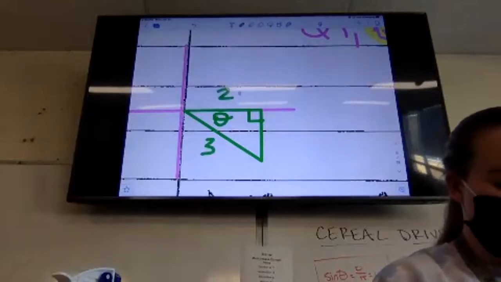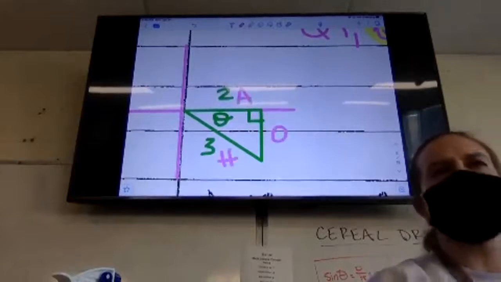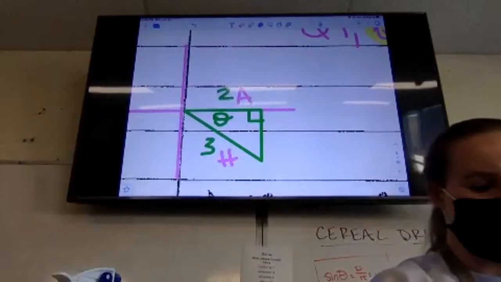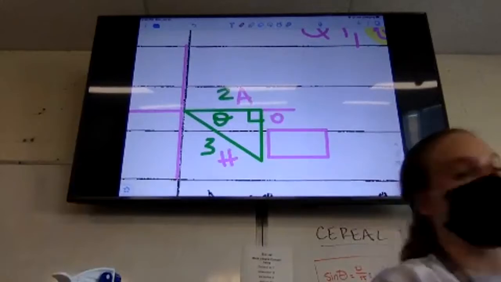And I'm going to go ahead and label my O and A and H. I feel like you already know that, so I'm not going to wait for you. Is that okay? Let me actually move this up a little bit so I know that I need to find that side. You be recording this way. I am recording right now.